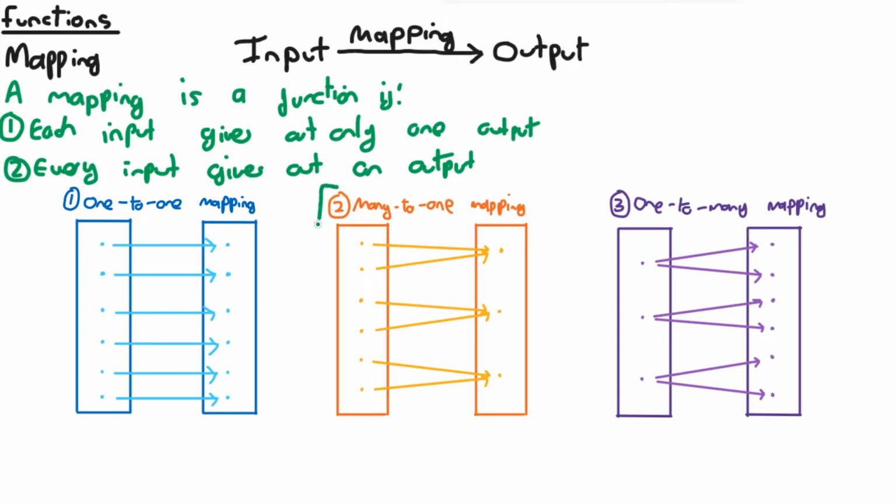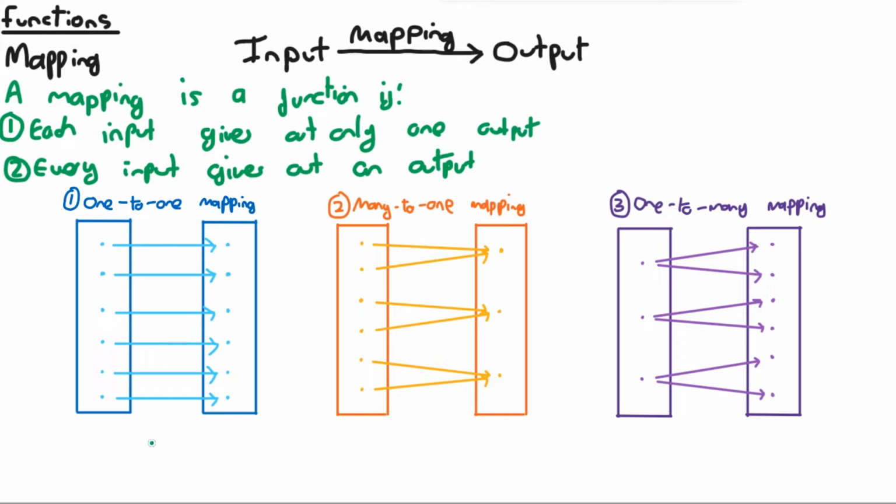For the same reason, a many-to-one mapping is okay as well, in that each input only gives out one output. 2 inputs can give out the same output, but that doesn't matter as long as each input only gives out one output and doesn't split into 2 different outputs. And for that reason, a one-to-many mapping is not a function, because one input can give out 2 different outputs.